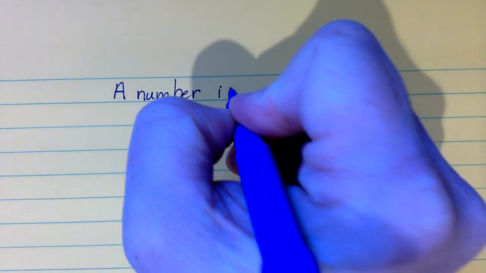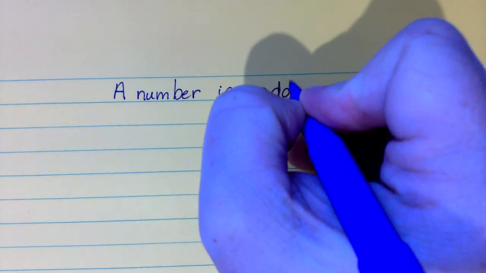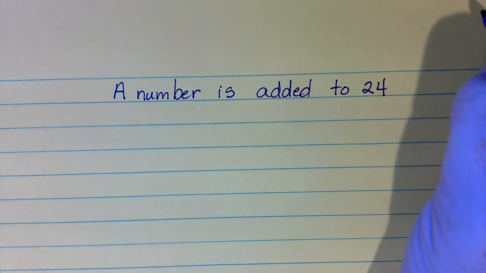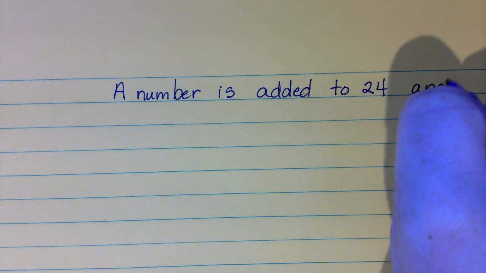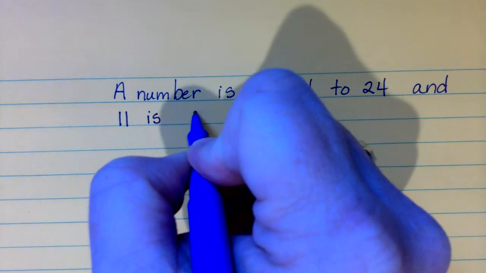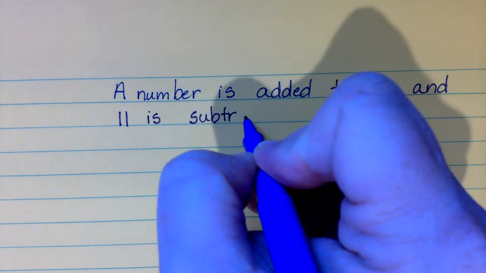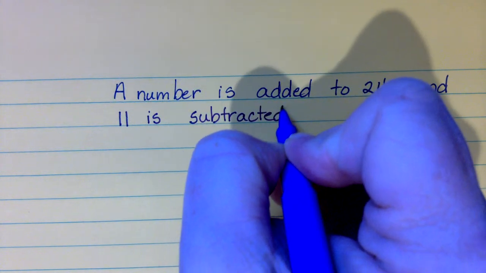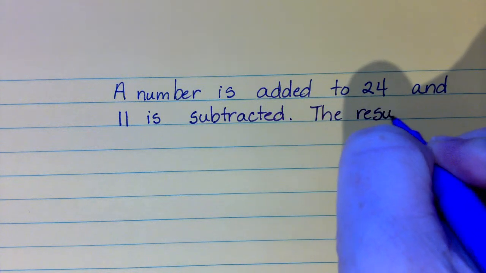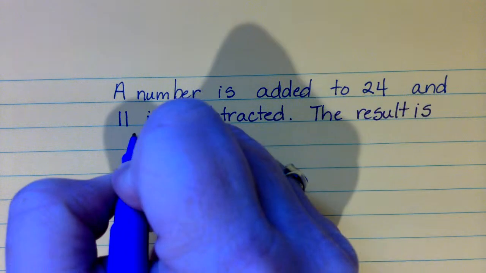So let's say a number is added to 24 and 11 is subtracted. The result is 52.